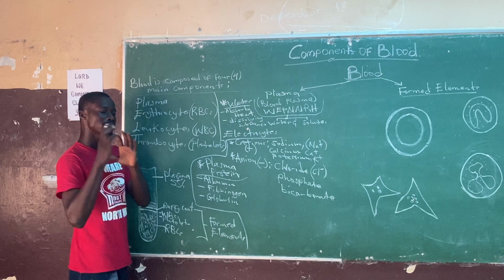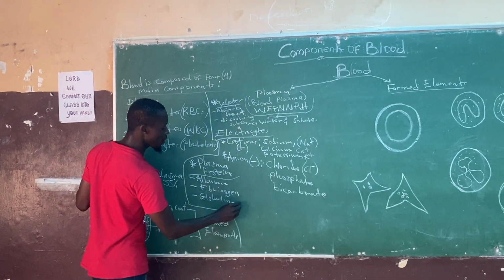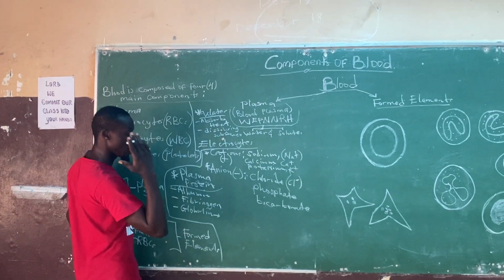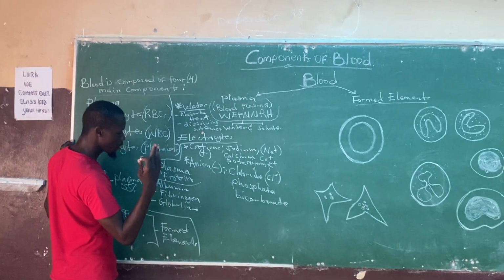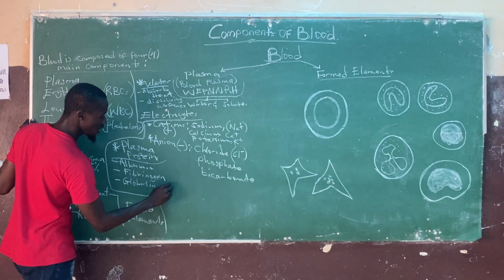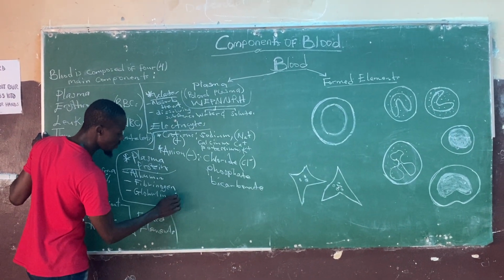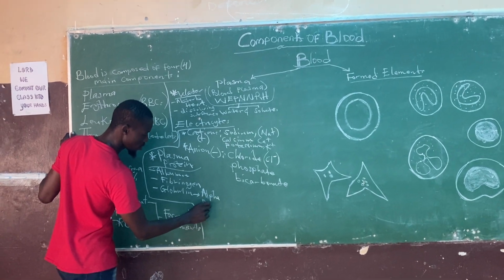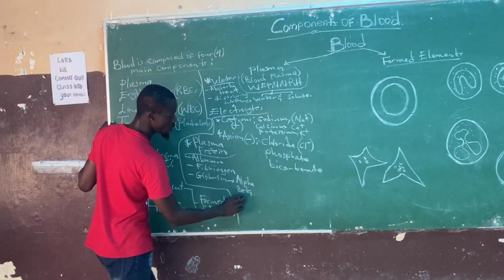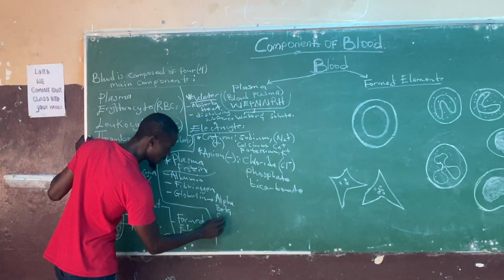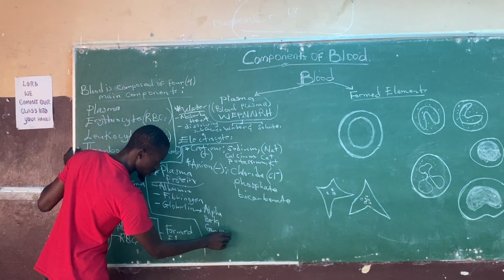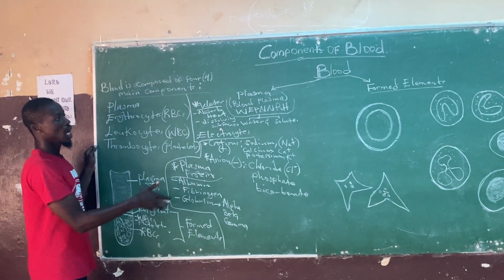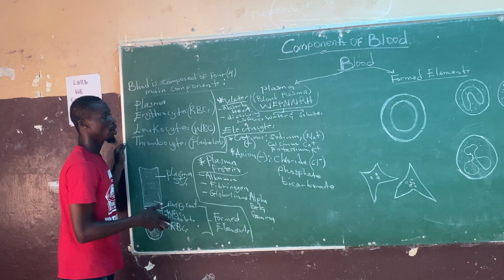In terms of the globulin plasma protein, there are three types: the alpha globulin, the beta, and the gamma. So these are the plasma proteins that you will find within the plasma of the blood.